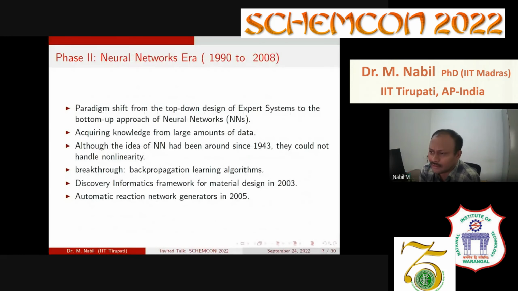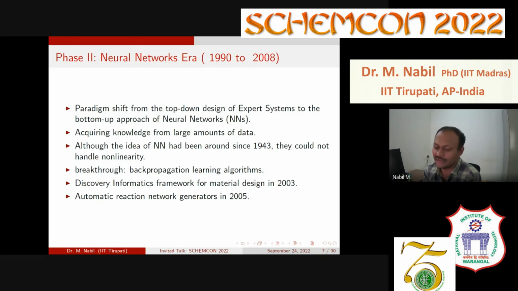And the next phase of AI in process engineering is on neural networks. Unlike the expert systems era, where the process engineers' knowledge is used in decision making, in the neural network era we take the data, instead of the process knowledge that the process engineer has gained over a period of time.